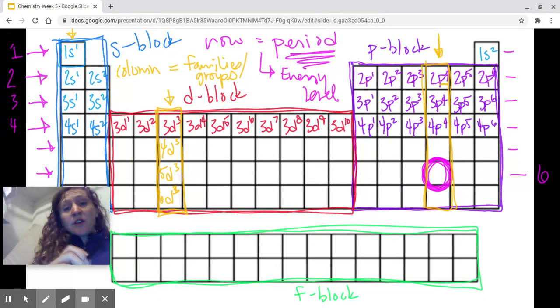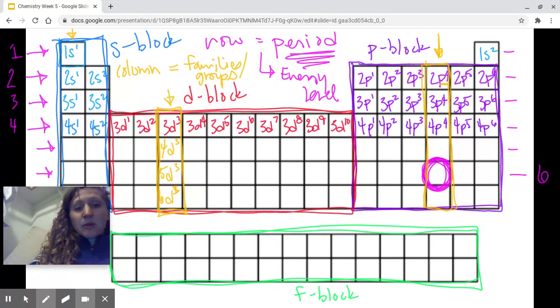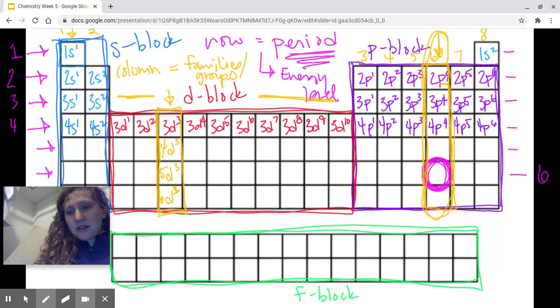What's more, if you count over and skip this d block here, we count over 1, 2, 3, 4, 5, 6, 7, 8. Notice, we'll go back to this family right here. This is the 6th column, and there are 6 electrons in that outermost energy level.